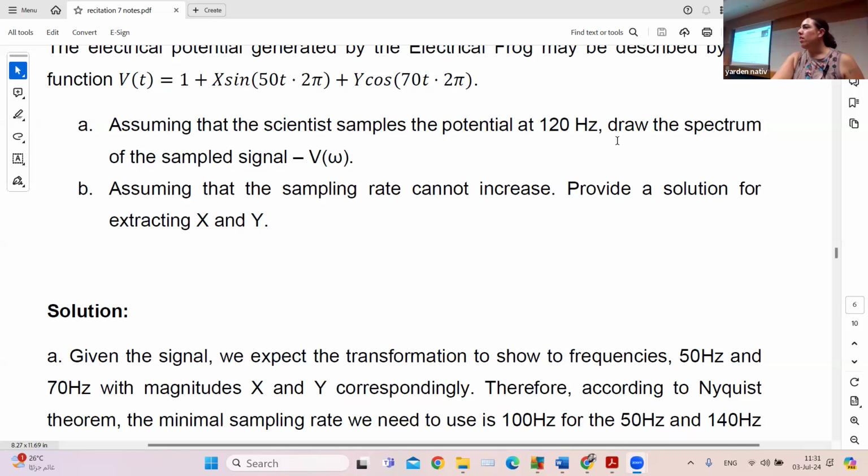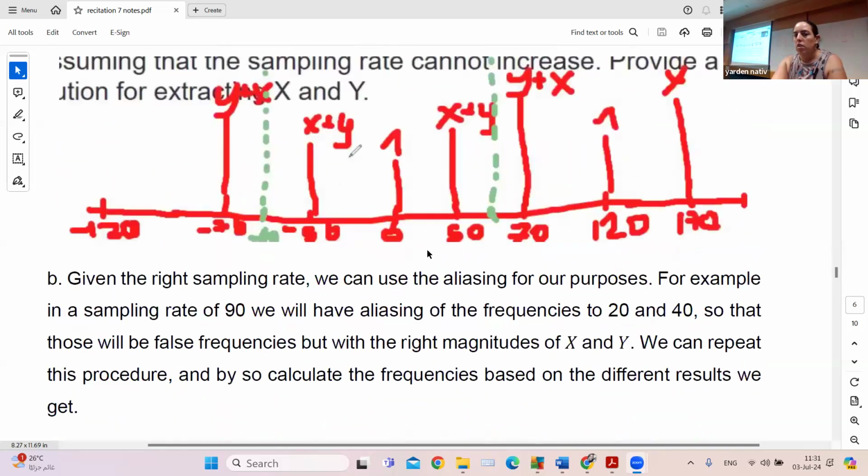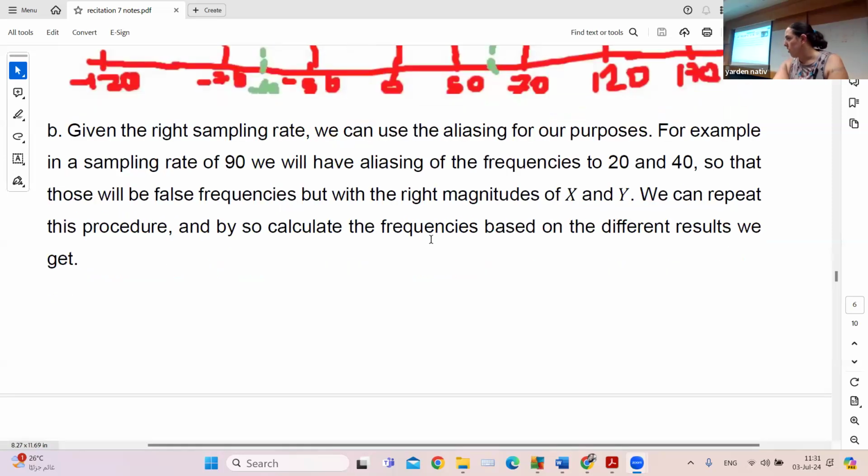Okay, guys, I'll just show you a last example, and I'll keep the systems to the next recitation, okay? I'll just show the last question because I see that all of you are really non-concentrating.